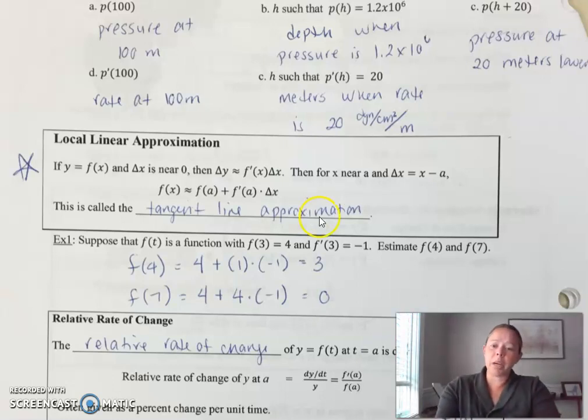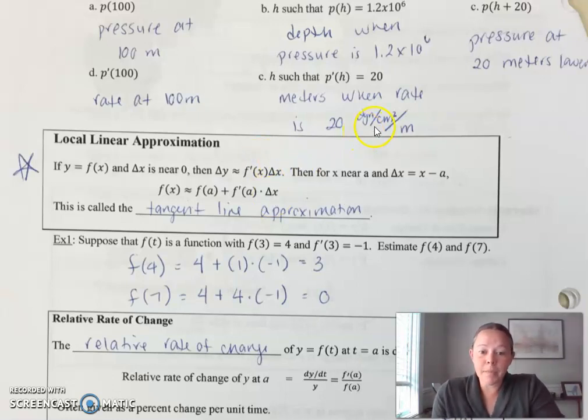So make sure your change in x isn't too big or it's not going to be very beneficial. But notice, here's what you know, that's the data that you know, plus the derivative times the change in x. In our problem we just did, it was the 3,500 plus our derivative, I think it was 175, times the change in x, which was 2. And we were able to at least get an approximation.